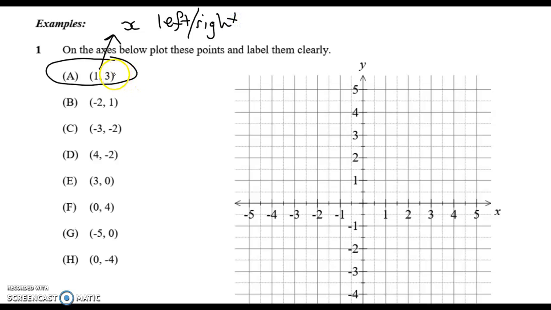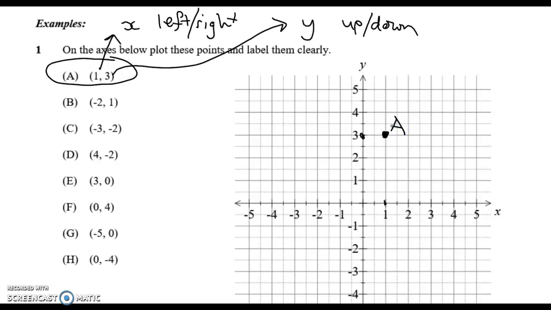The second value, the 3, is the y value, and that's the up or down value. So first we go positive 1 on the x, and 3 on the y-axis. Where do those two meet? They meet right there, the point (1, 3), and we're going to label that A.